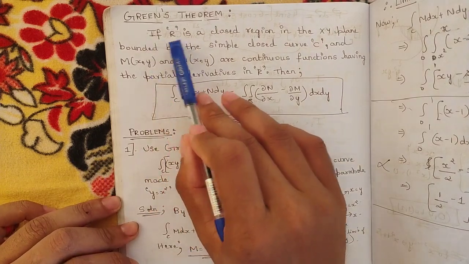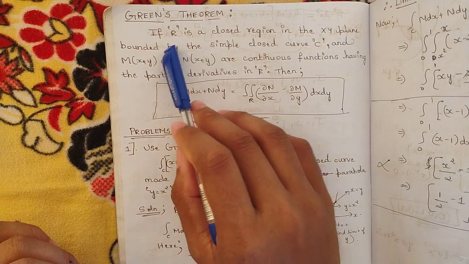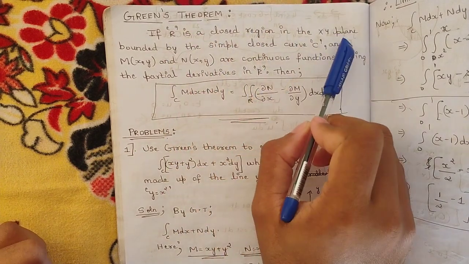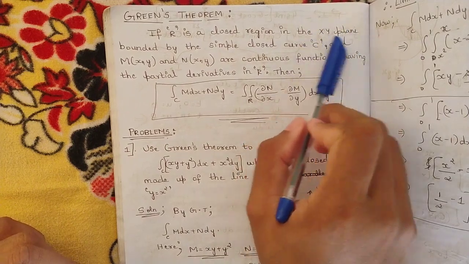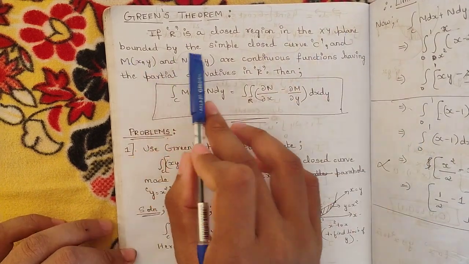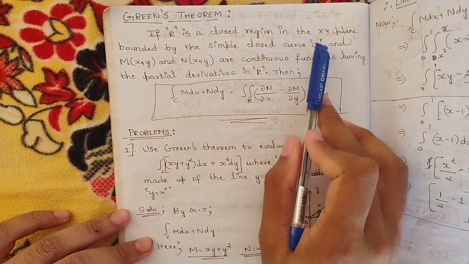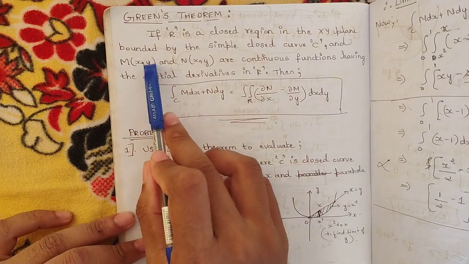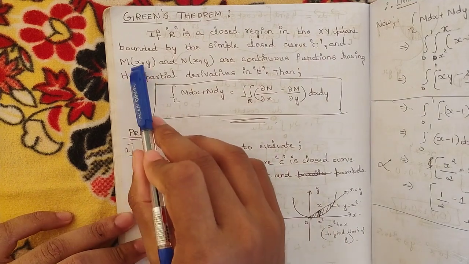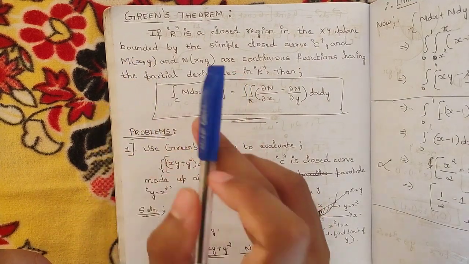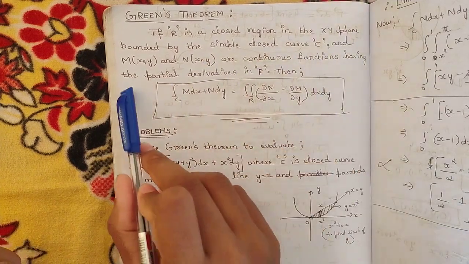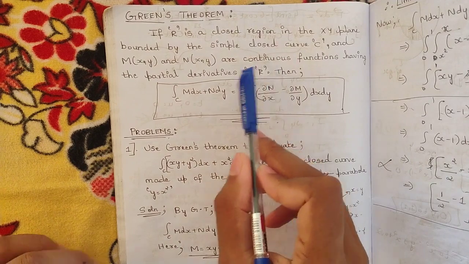Green's theorem means, if R is a closed region in the xy plane, they mentioned it as the xy plane, so listen carefully. If R is a closed region in the xy plane bounded by the simple closed curve C, and M of x comma y and N of x comma y are continuous functions, M being a continuous function of the variables x and y, and N too, having partial derivatives in R, that is, in the closed region.